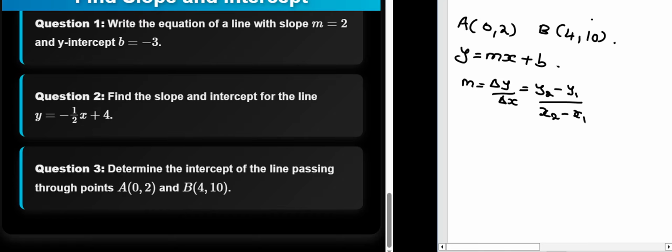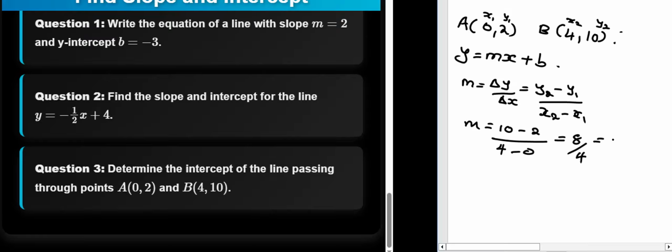In our case, this is x1, this is y1, this is x2, this is y2. So our gradient m is equal to y2 is 10 and y1 is 2, then x2 is 4 and x1 is 0. So it becomes 10 minus 2, which is 8, divided by 4 minus 0, which is 4. So the gradient becomes 2.